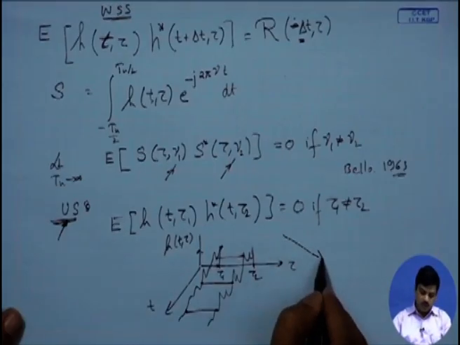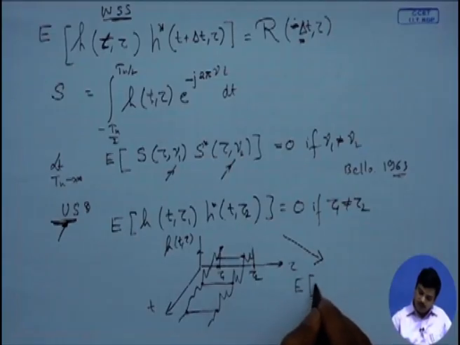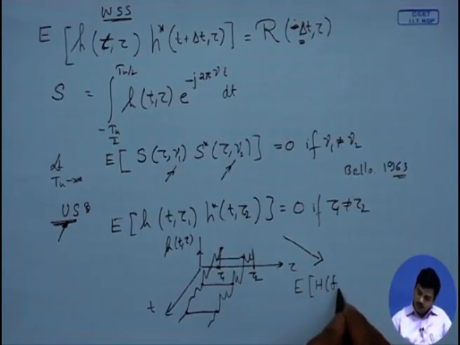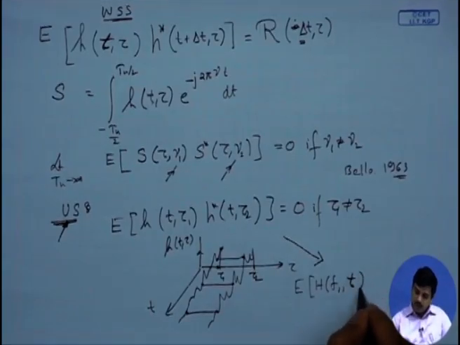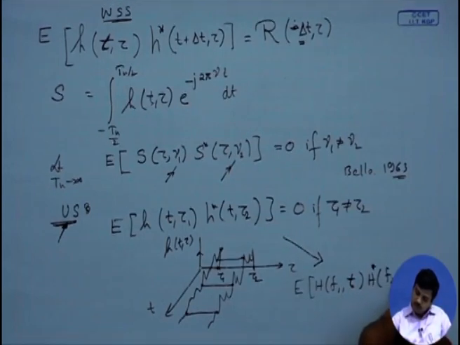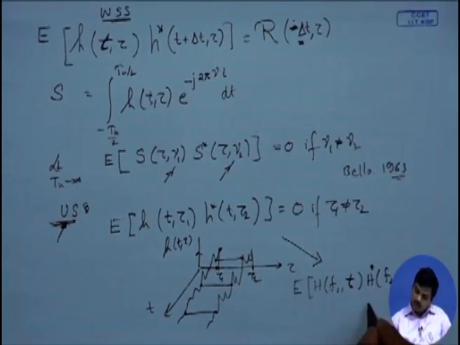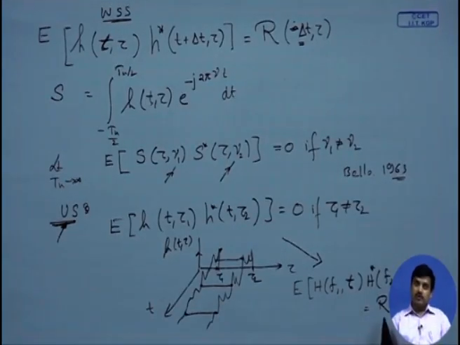Now, this would give rise to the lagged frequency correlation, or the expectation of h of f1 comma t times h conjugate of f2 comma t. This is equal to the correlation function of delta f at t. This we have already seen.